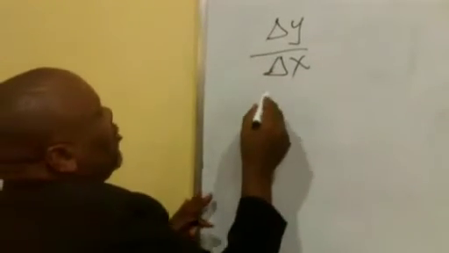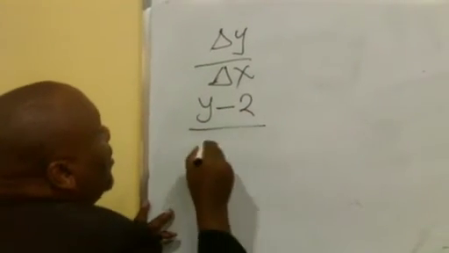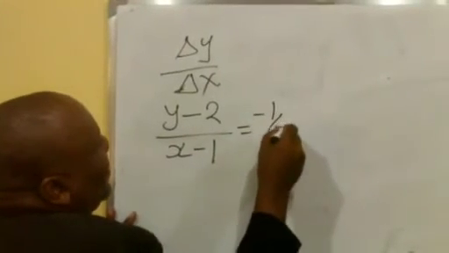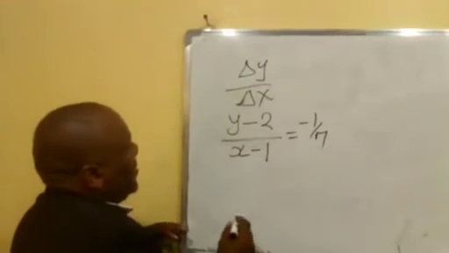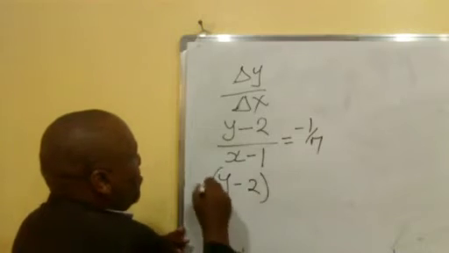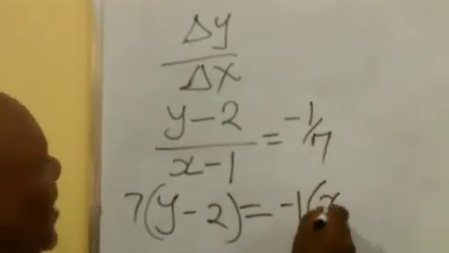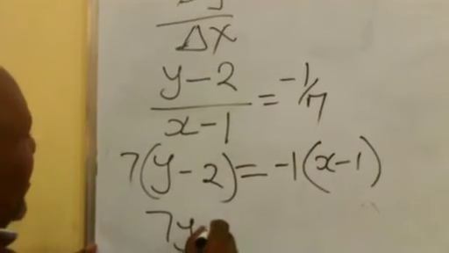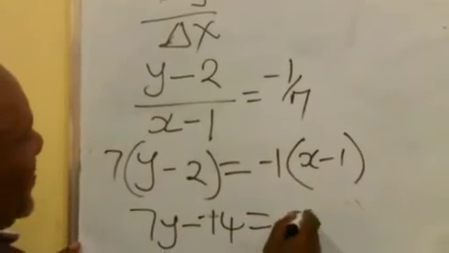So this is y minus 2 over x minus 1 should equal -1 over 7. Here, y minus 2 multiplied by 7 equals -1 times x minus 1. So this is 7y minus 14 equals -x plus 1.